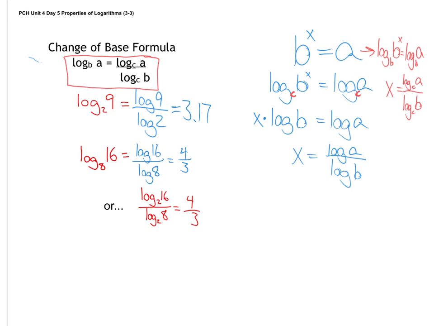If you recognize a case where both your base and your argument are a power of the same number, you can change your base to be that number. 2 to the 4th power is 16, 2 to the 3rd power is 8. So if I change my base to 2, I can figure out that it's 4/3.